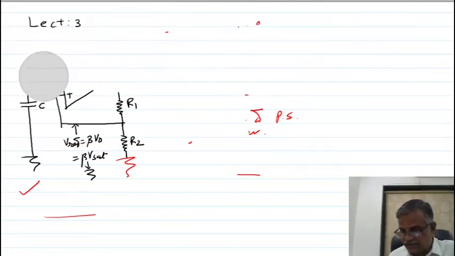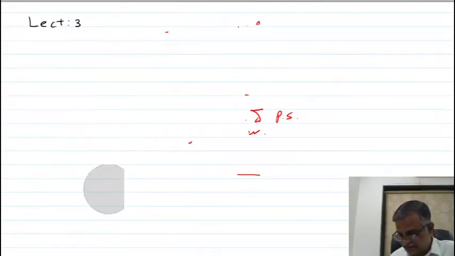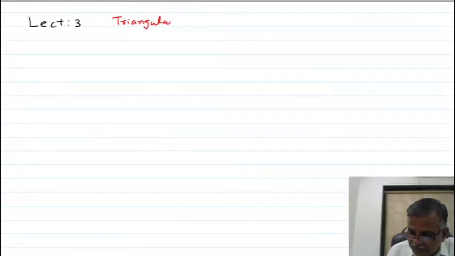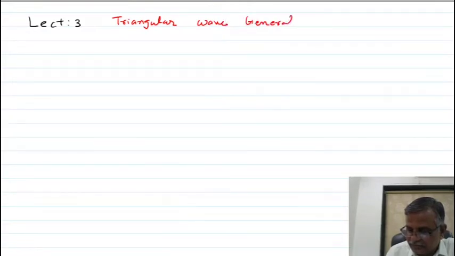Now I am discussing another topic, the triangular wave generator using the op-amp.